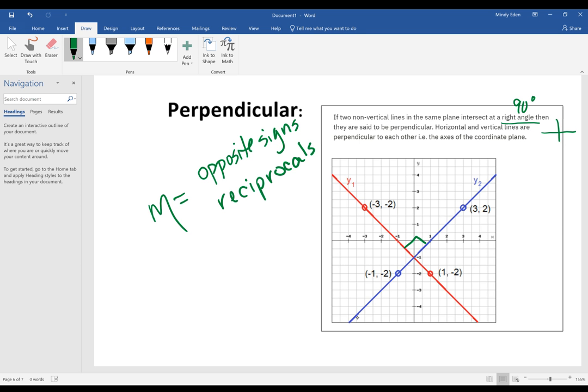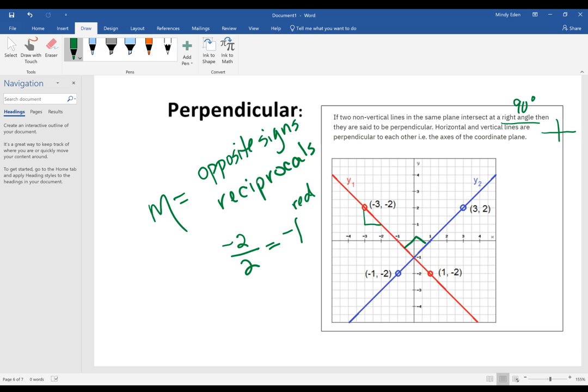So I'm going to go, the rise is 1, 2, and over 1, 2. So I just found the slope between those 2 points. So I went down 2 and to the right 2. So the slope of the red line is -1. And it does slant down from left to right.